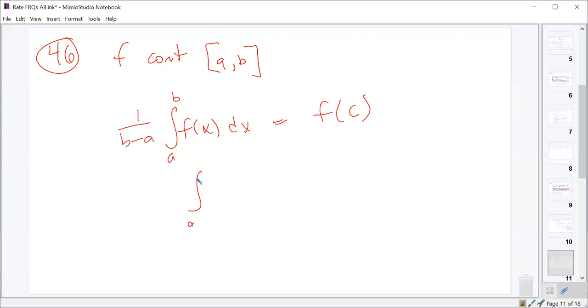So we know that the integral from a to b of f of x dx is equal to b minus a times f of c. And so that looks like choice C. That's just the mean value theorem for integrals. Everybody okay with that one?